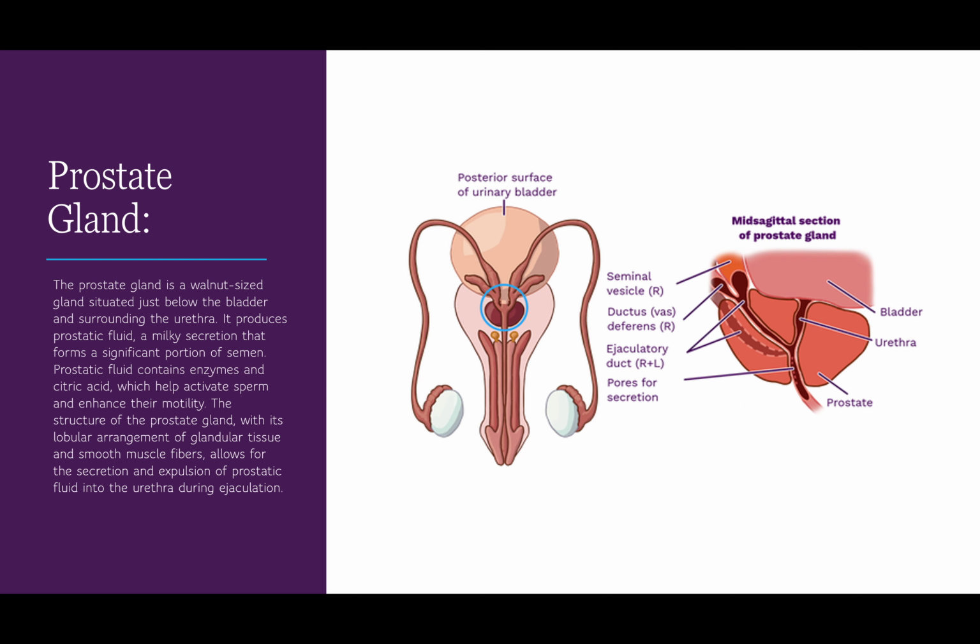The structure of the prostate gland, with its lobular arrangement of granular tissue and smooth surface muscles, allows for the secretion and expulsion of prostatic fluid into the urethra during ejaculation. All right. So it has muscular tissue at the top, so it's going to squeeze that mixture of enzymes and citric acid into the urethra.